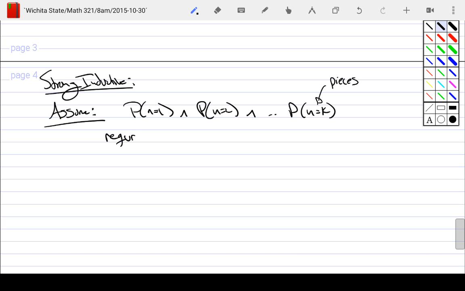We require zero, 1, 2, up to k minus 1 snaps. That's k minus 1, that uses 1, that uses 0, right? One piece uses 0 snaps. 2 pieces requires 1 snap. K pieces requires K minus 1 snaps. So the rule works. That's what I assume.